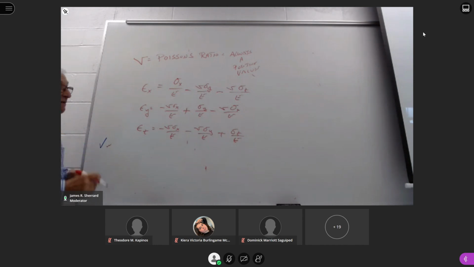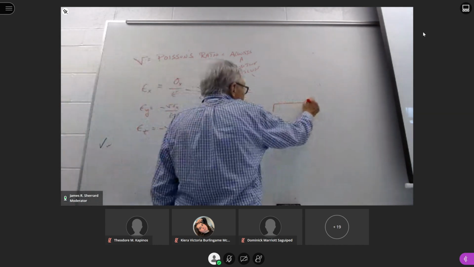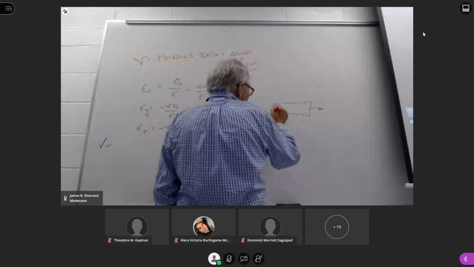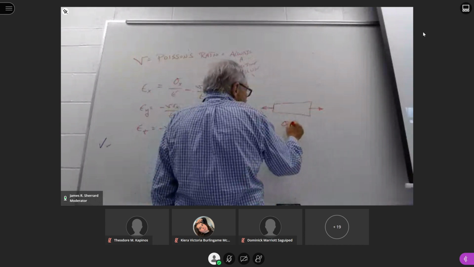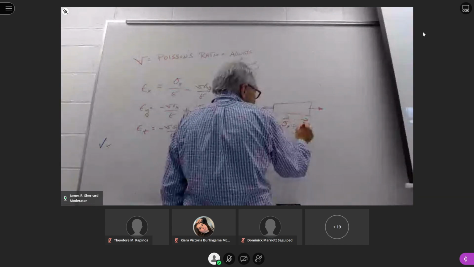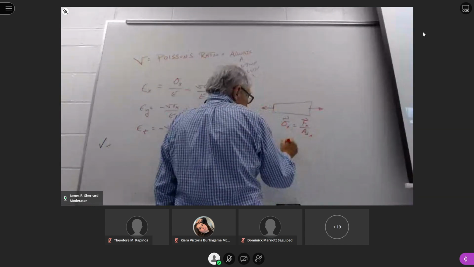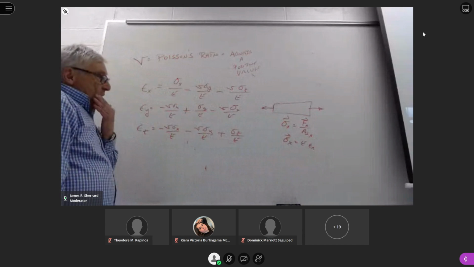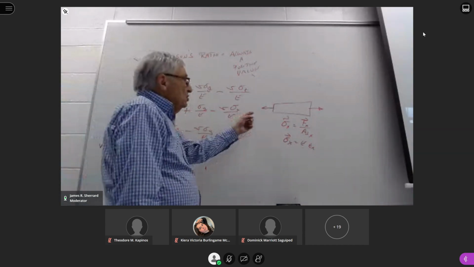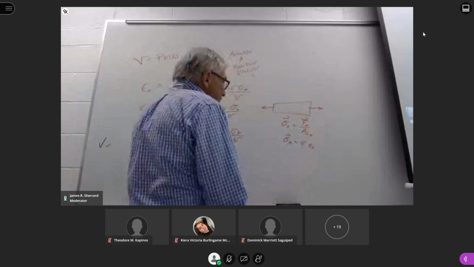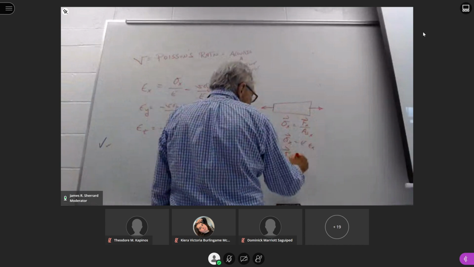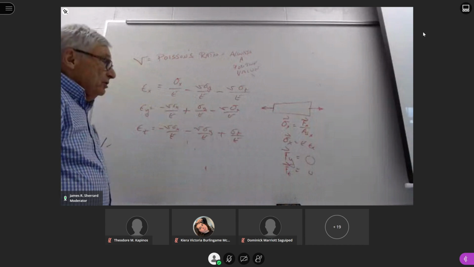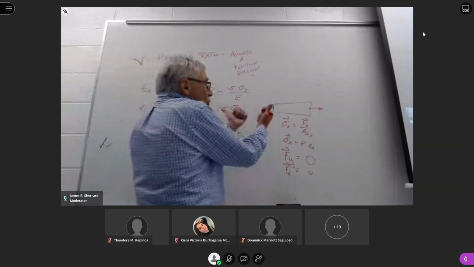So if you have a material that, let's say, you only load in one direction, if it is only loaded in this one direction and you have no forces in the y or z direction, then it is one-dimensional.